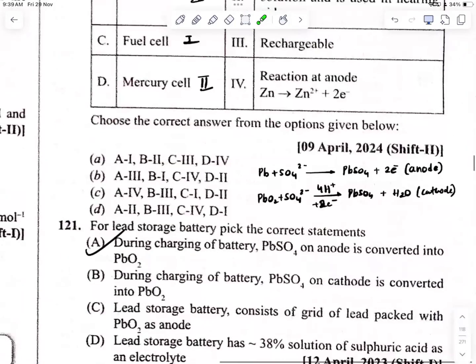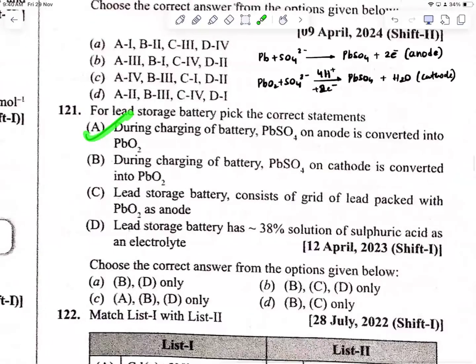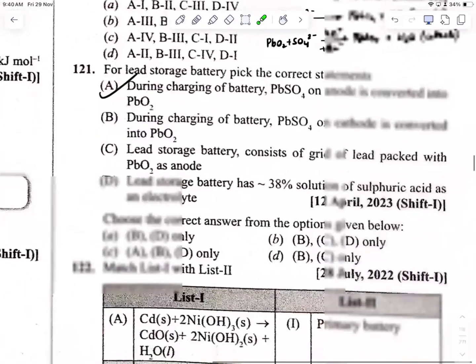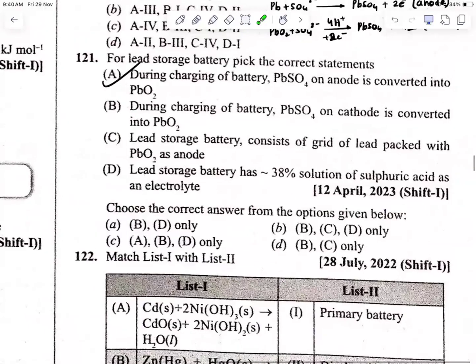So now this will become a cathode in the rechargeable form and this will become the anode. That's why option A is important. It's a very good question. Check. Next.